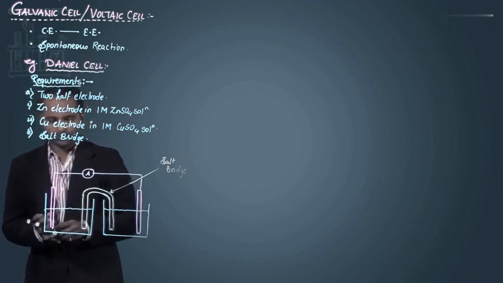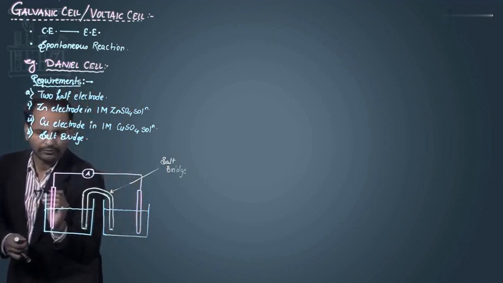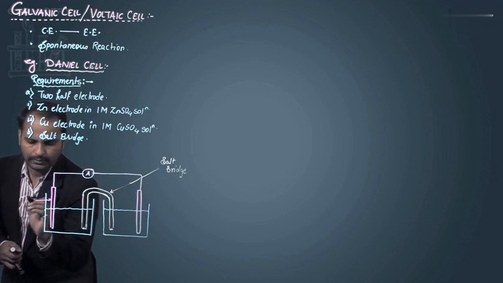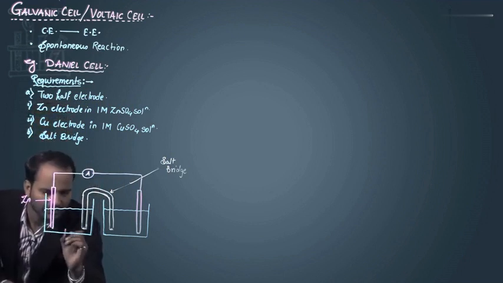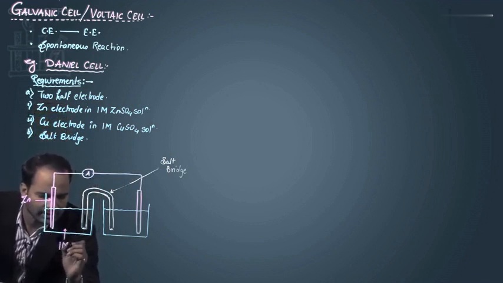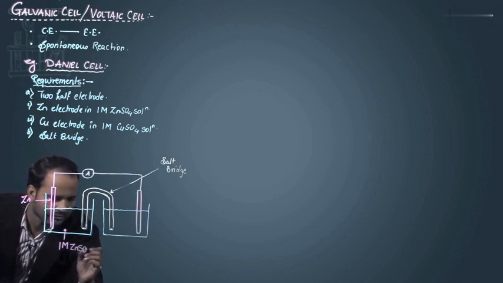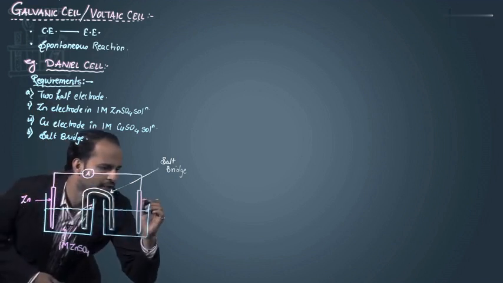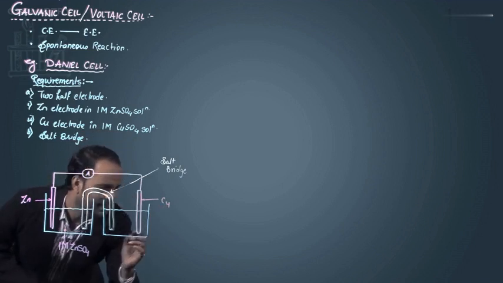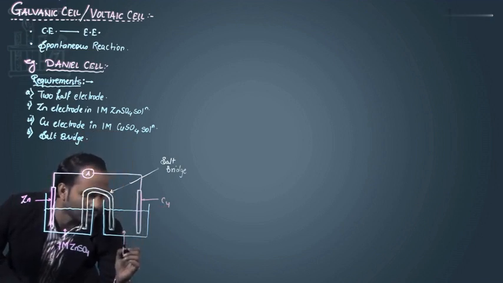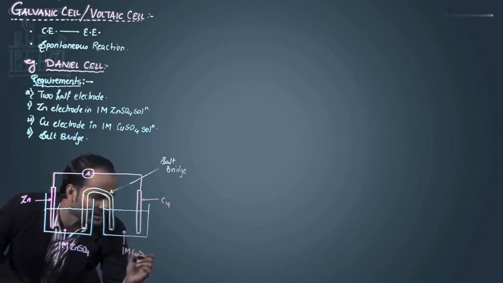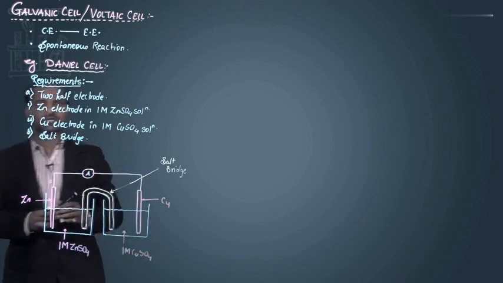So here we have 2 half cells. The first one, this is the zinc electrode, which is placed in 1 molar zinc sulfate solution. That means here the electrolyte is 1 molar zinc sulfate. This is the copper electrode, and here we have 1 molar copper sulfate solution which is placed inside. This is the salt bridge.